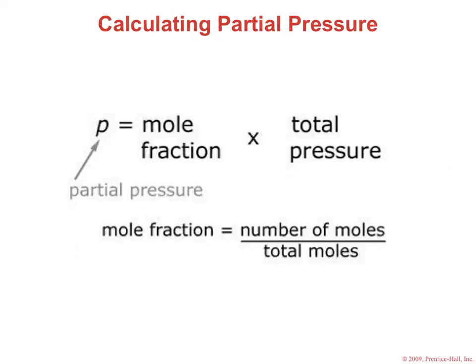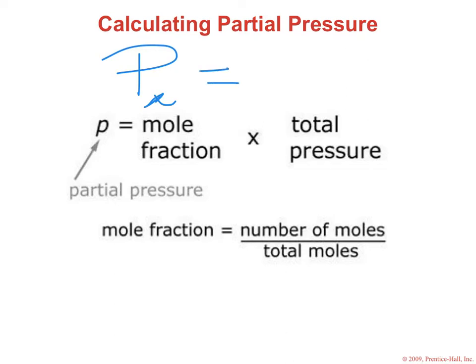It may be a little bit trickier to visualize calculating the partial pressure of something. So typically, let's say we're doing the partial pressure of some component gas we'll call P sub x.